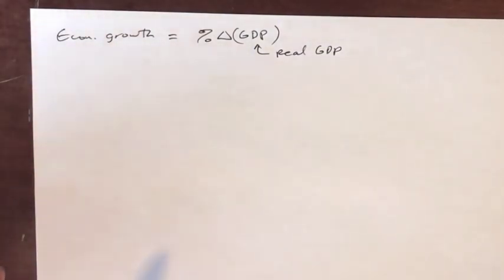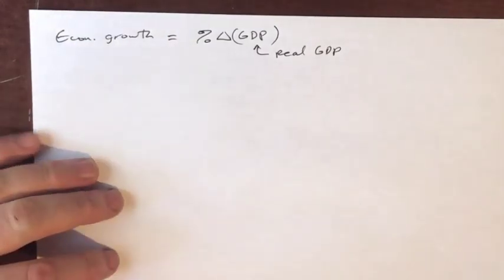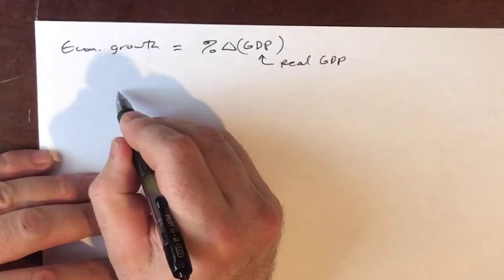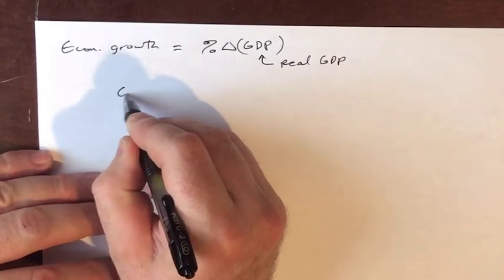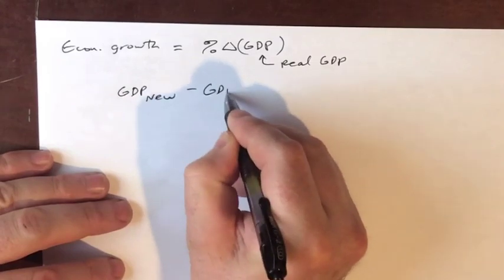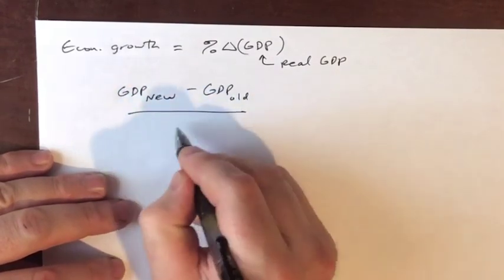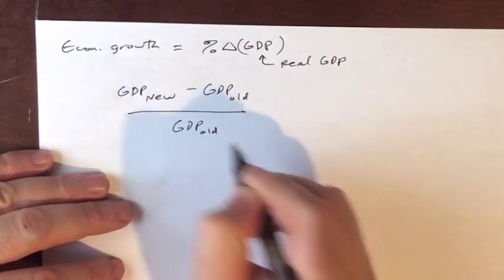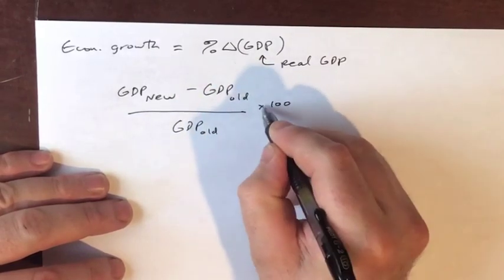So the percentage change in the real GDP is what we're interested in. That's economic growth. To get that, we take the new GDP, subtract from that the old one, divide by the old one, and multiply that by 100.